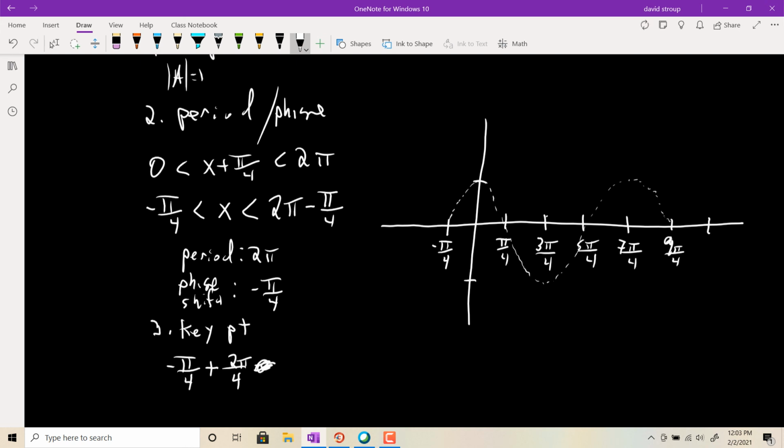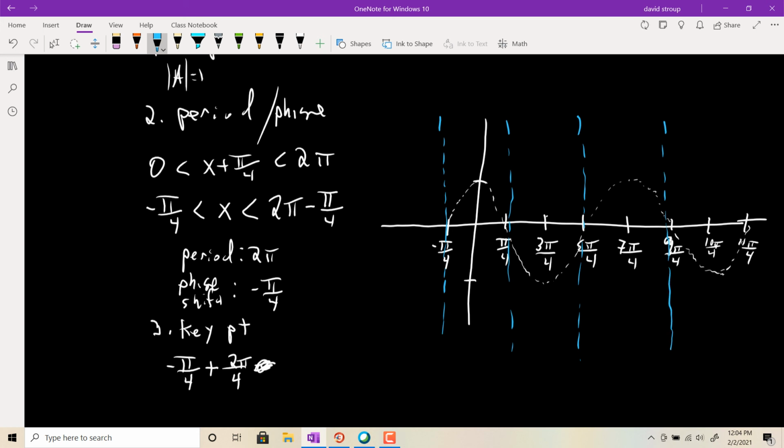Let's make it an even 2 periods, 10 pi over 4, 11 pi over 4. Okay, get the asymptotes going. Let's put them in blue. And then finally draw in the cosecant function. I'll put that one in red.